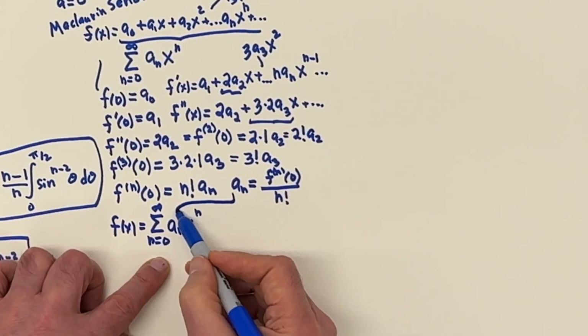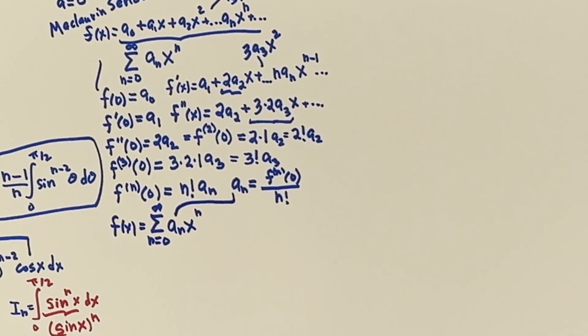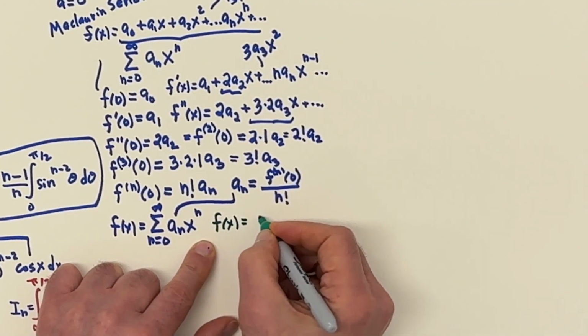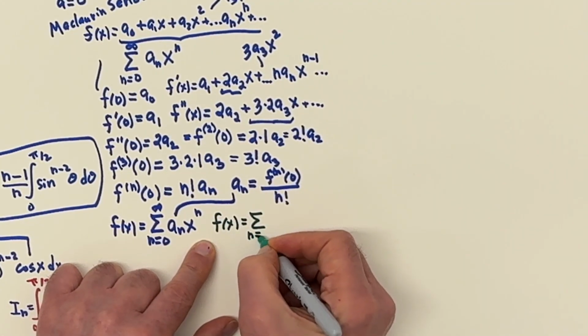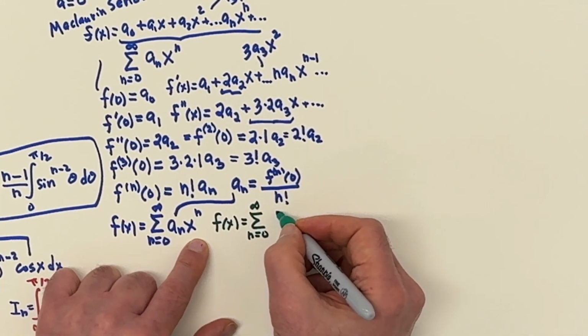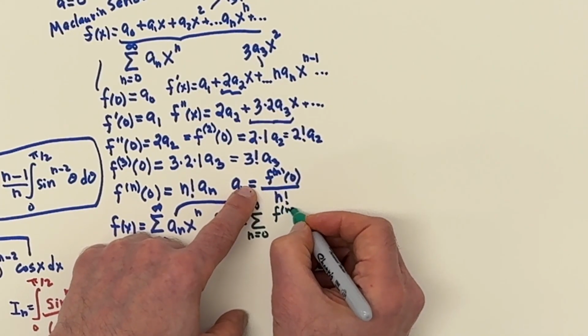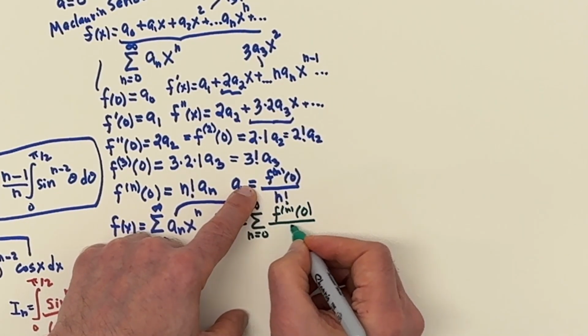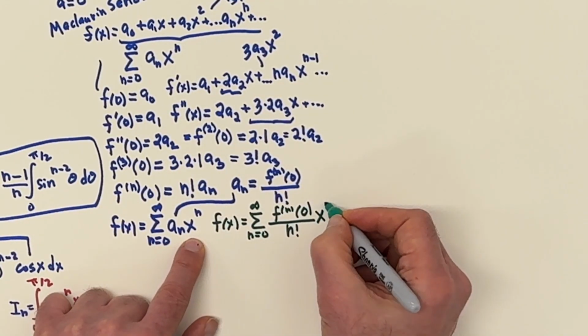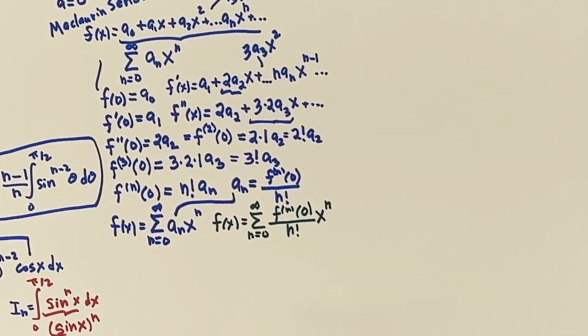We can now put in for this a sub n what this is. So if we do that, we would get the sum from n going from 0 to infinity of the nth derivative evaluated at 0 divided by n factorial, and then we don't want to forget the x to the n. So this is the formula. This is the formula that had to do the sculpting to get our results.